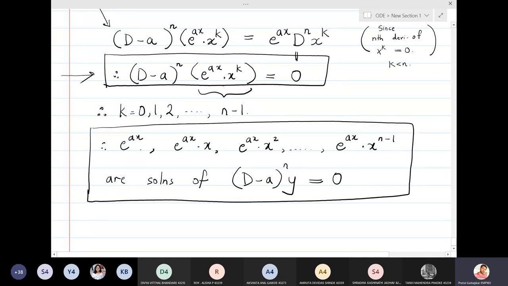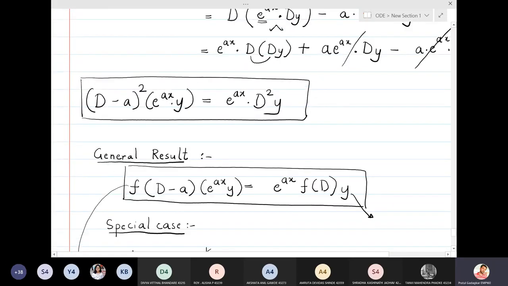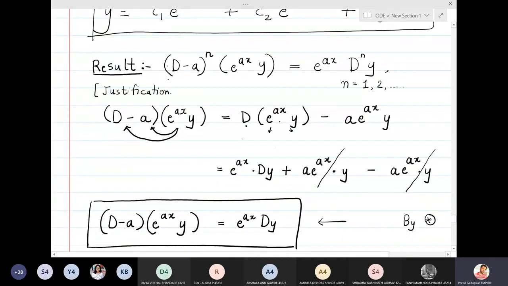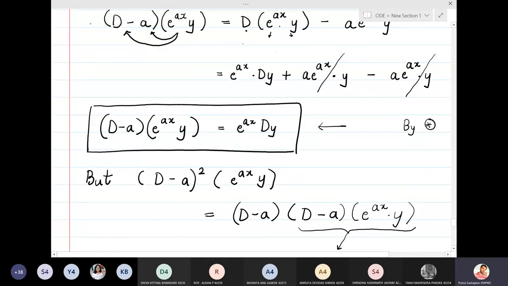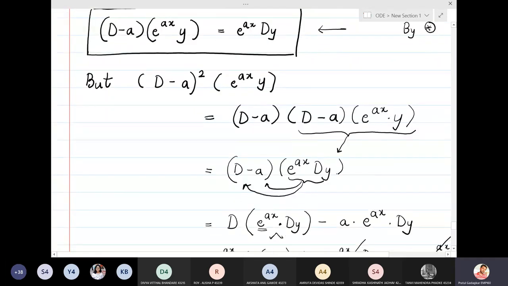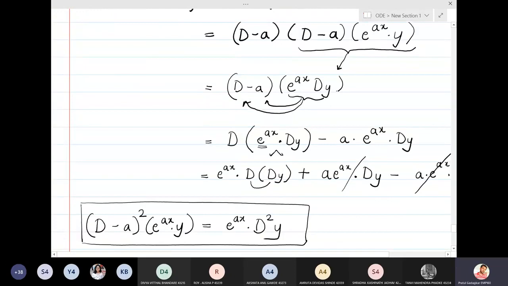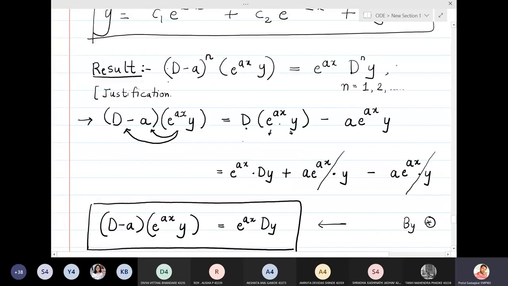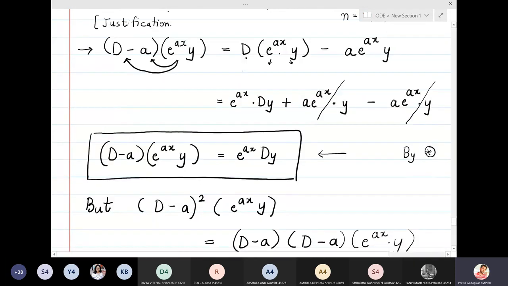I will quickly repeat and come up to this step. The calculations we did: initially we started operating (D minus a) on e raised to ax y. We observed it as e raised to ax Dy. When we took the square, we got a D square, and therefore in general I declared that (D minus a) raised to n on e raised to ax y is equal to e raised to ax times the nth derivative of y. Fine. Now here I'm going to replace this D minus a and D by more general terms.